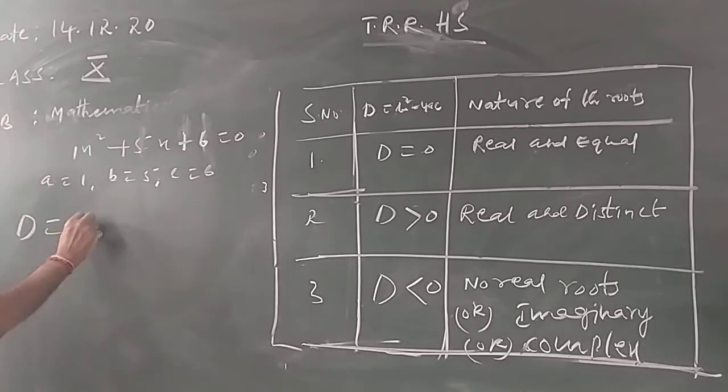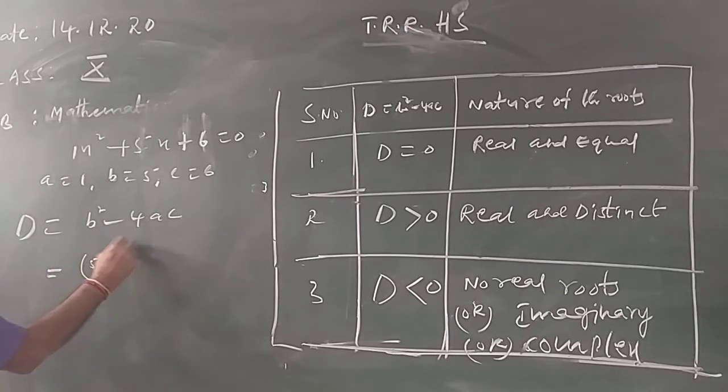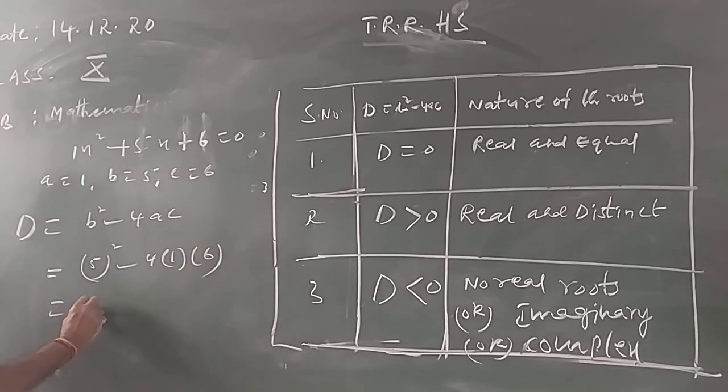Find the discriminant. D is equal to b square minus 4ac. B is 5, square is 25, a is 1, c is 6. 25 minus 24 is 1. 1 is a positive number. All positive integers are greater than 0.